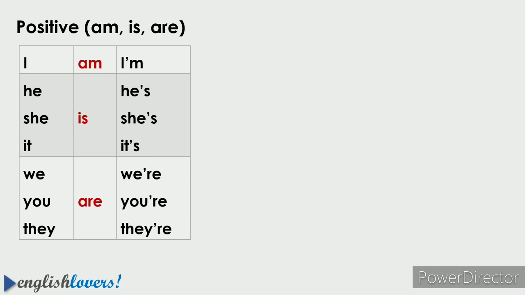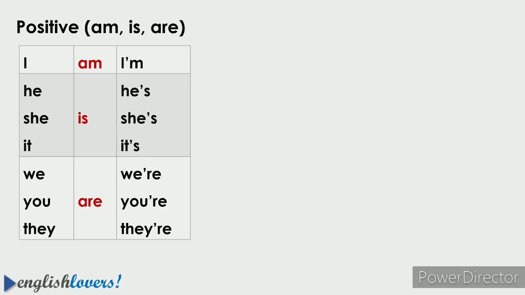Here are is plural, so it is used with these plural pronouns. We is a first person plural pronoun, you is second person and they is third person, and is is used with third person singular pronouns, that is he, she and it, and I is first person. Now here you can see that there are some short forms. These forms are called contractions.